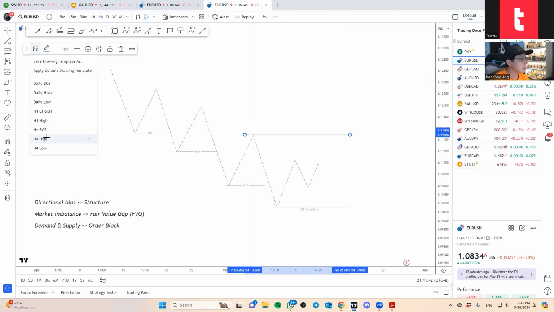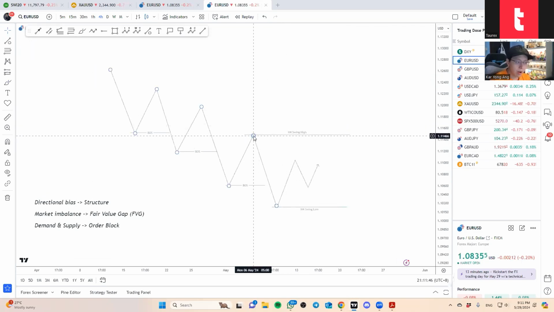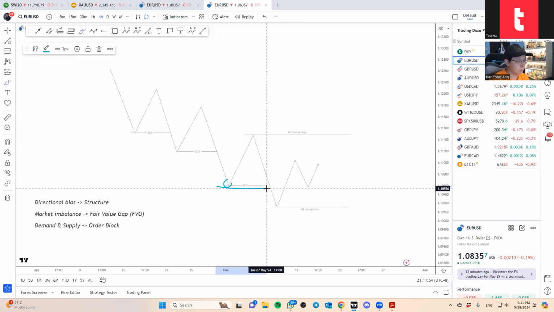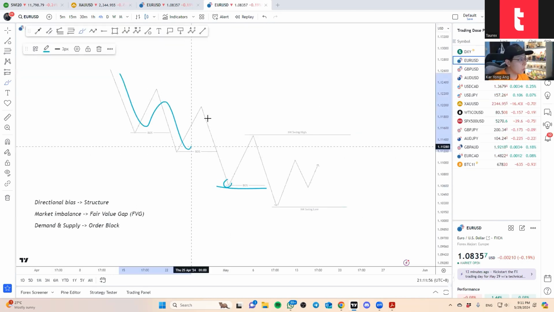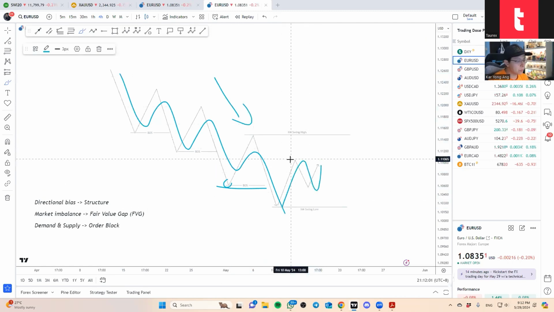The market hasn't taken out the previous swing high, and the market hasn't really taken out this current swing low, but it has previously broken the previous swing low. So as of all this move here, we are in a bearish market structure. This little pullback move can just be considered a retracement, but the overall structure is still bearish.